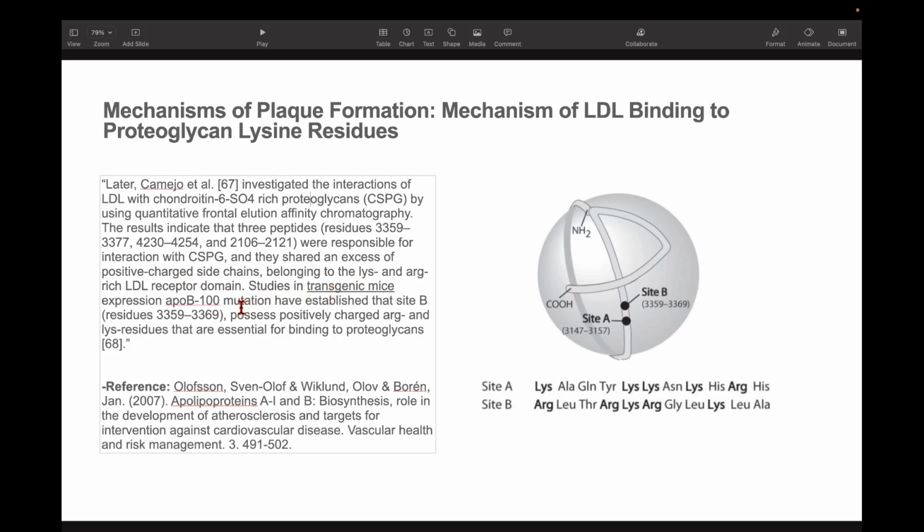Studies in transgenic mice expressing ApoB100 mutation have established that site B, which is this specific residue, possesses positively charged arginine and lysine residues that are essential for binding to proteoglycans.